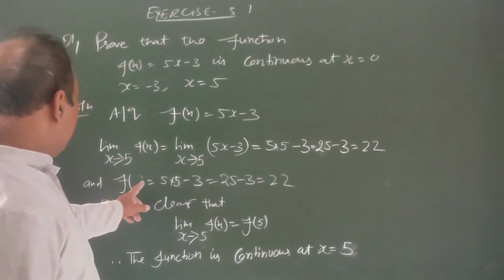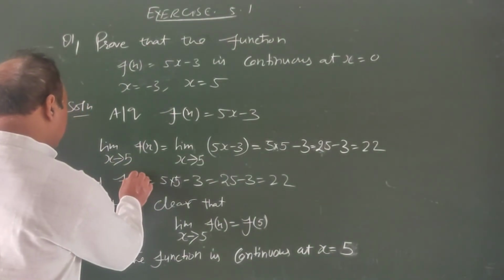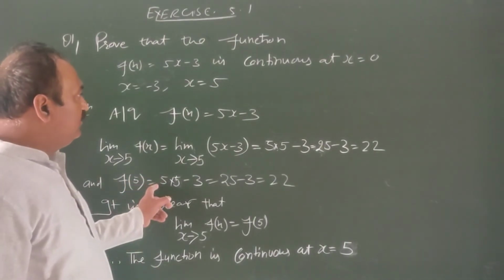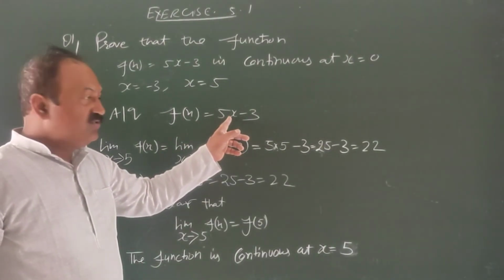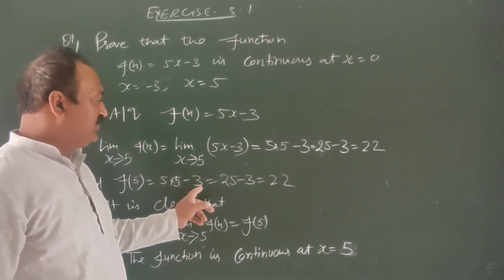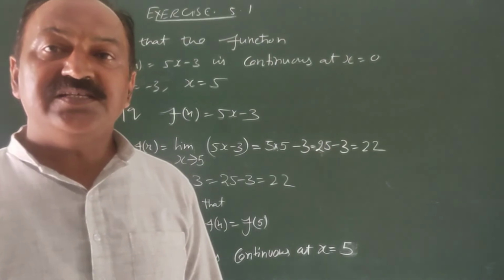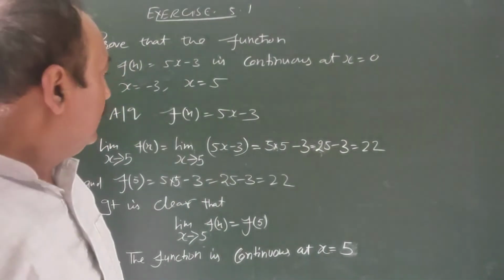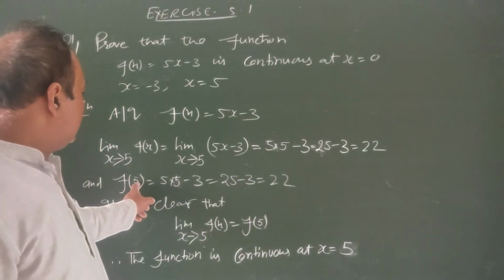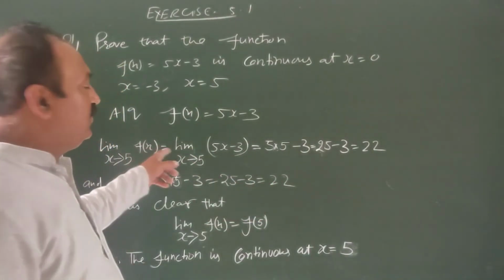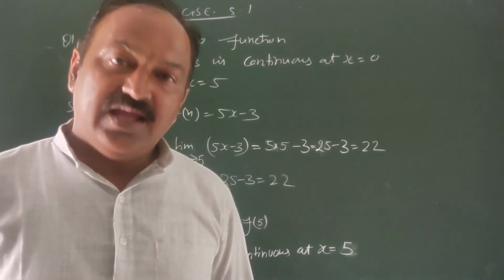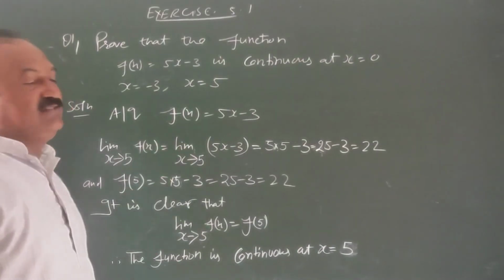Now, the value of the function at x is equal to 5, f of 5, is equal to, substituting x is equal to 5, we get 5 into 5 minus 3, 25 minus 3, that is again plus 22. The value of the function at x is equal to 5 is equal to the limit x approaches to 5, f of x.